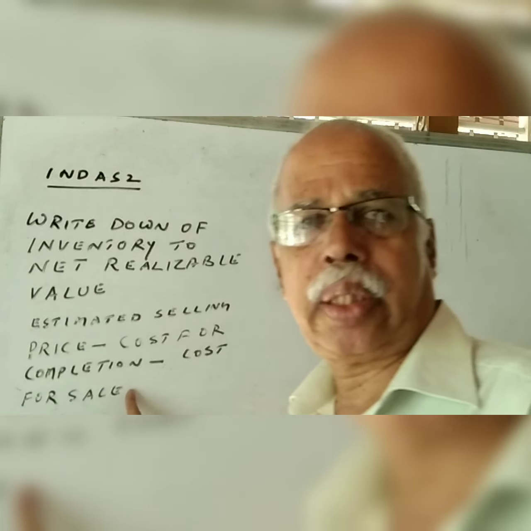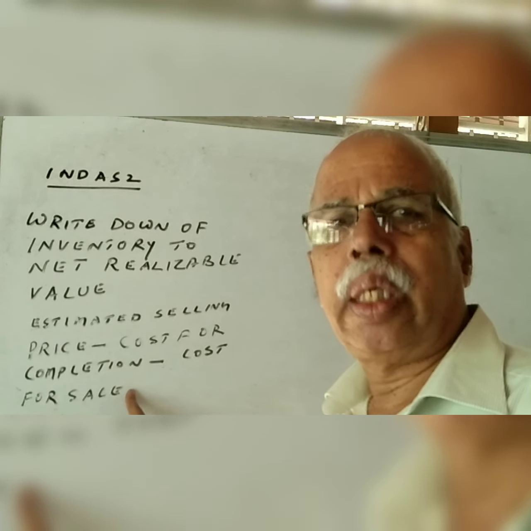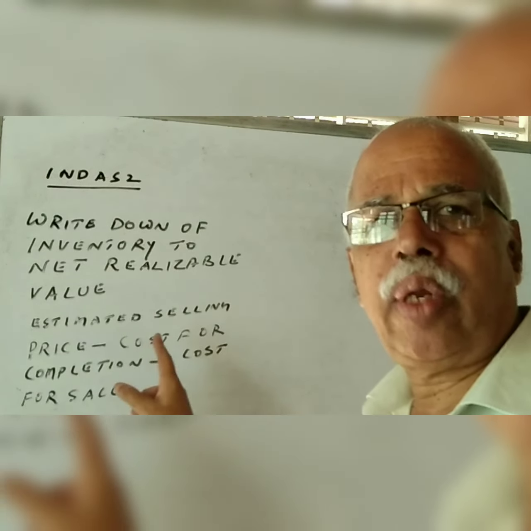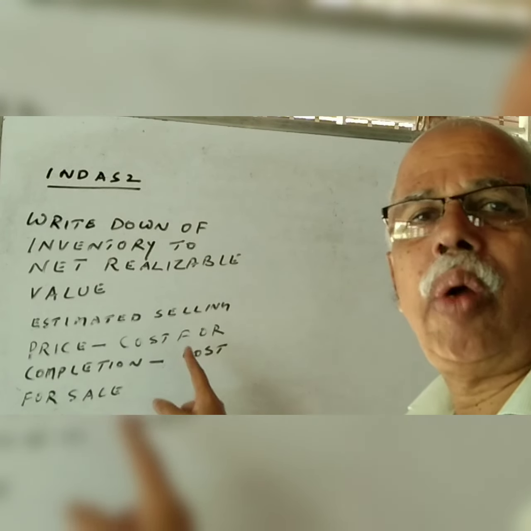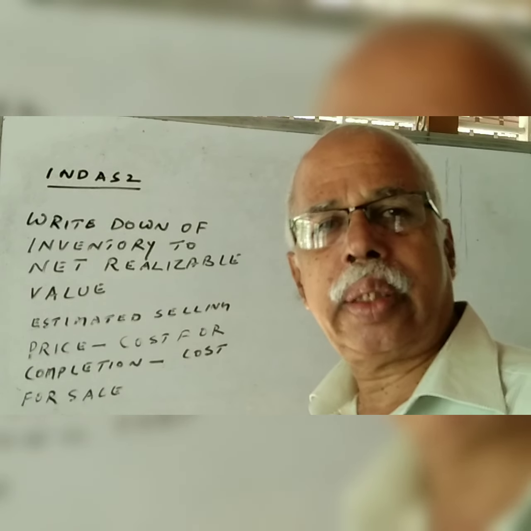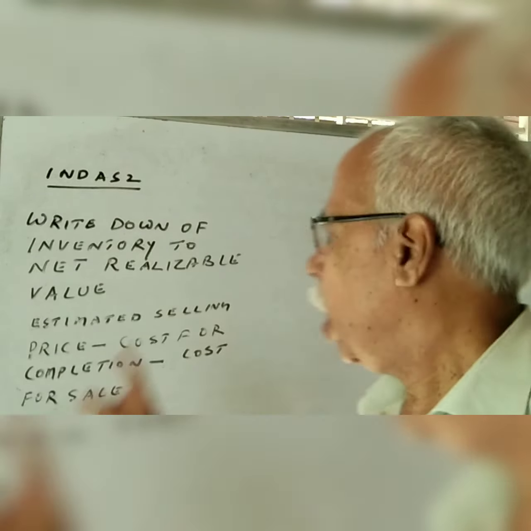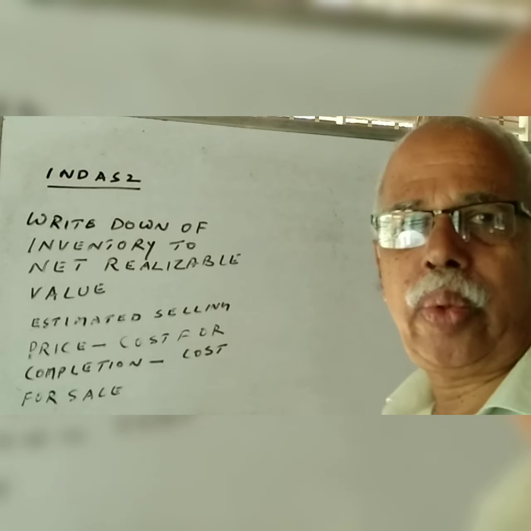For a variety of reasons, including adverse market conditions, the cost of inventory may fall below the net realizable value. In such instances, it is necessary for a company to write down the inventory to its net realizable value.